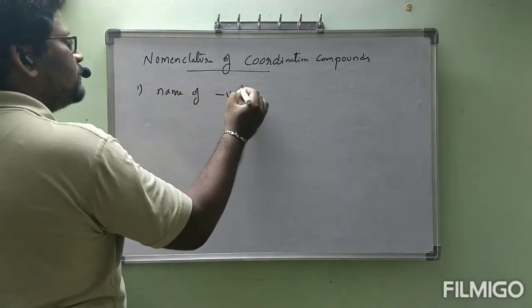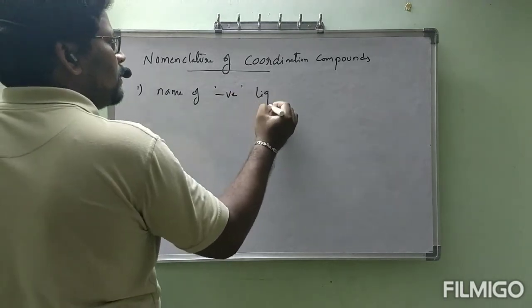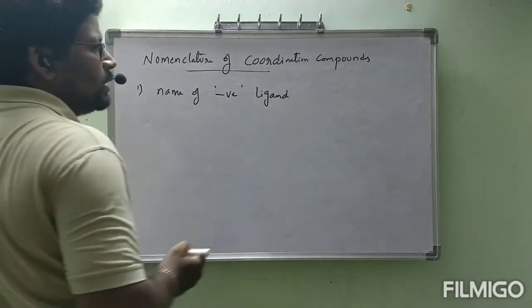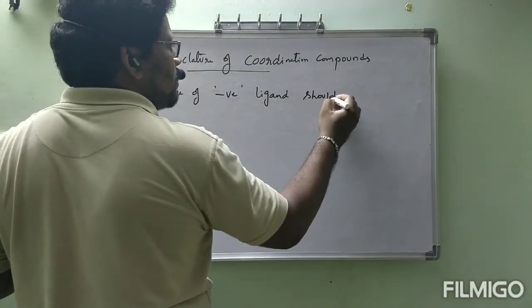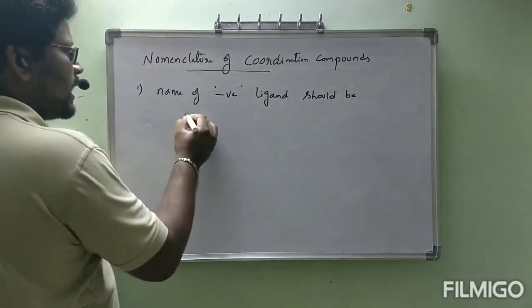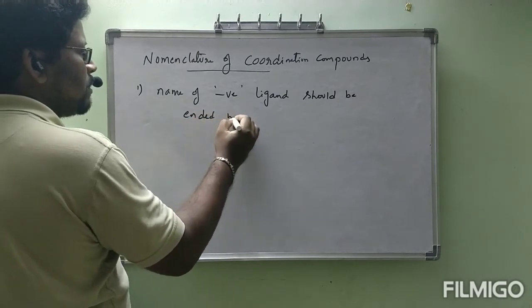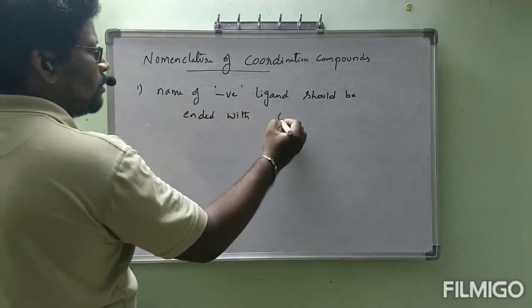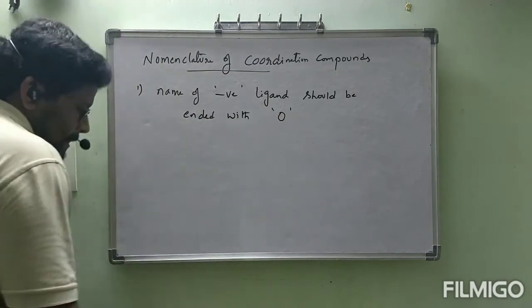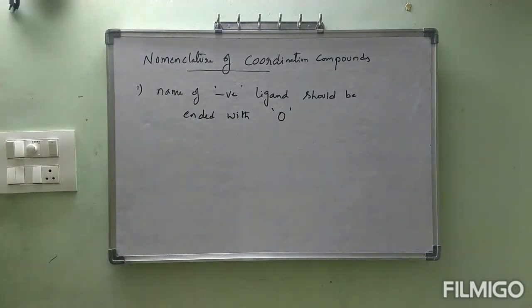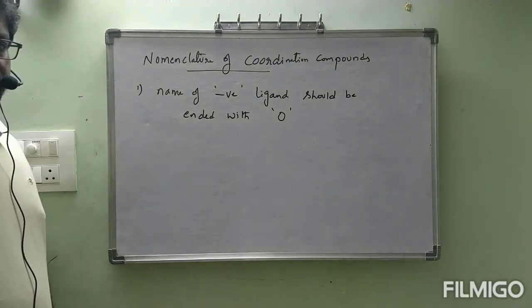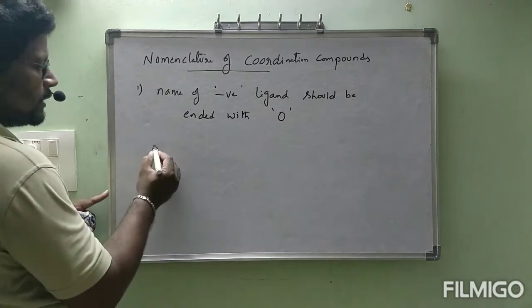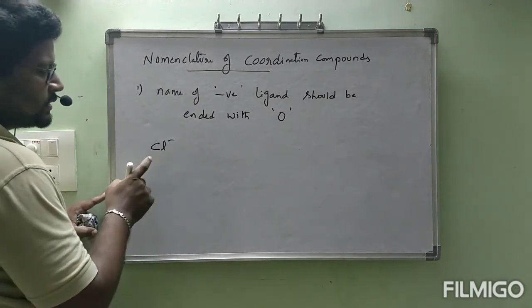Name of negative ligand should be ended with O. First, what is the rule? Name of negative ligand should be ended with O. For example, Cl minus.